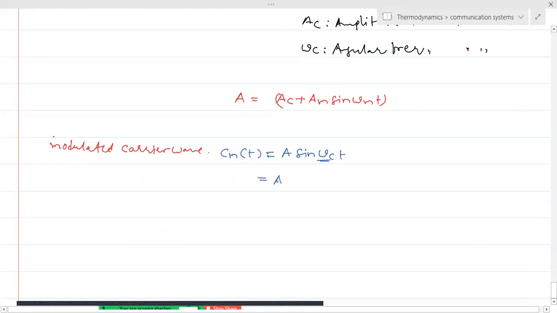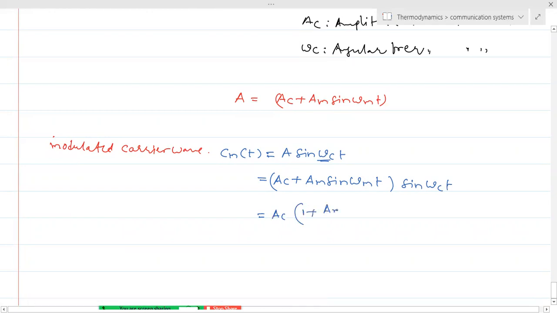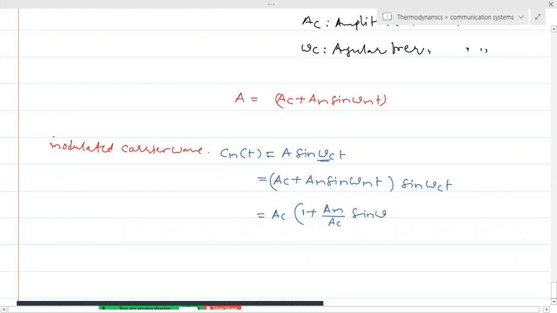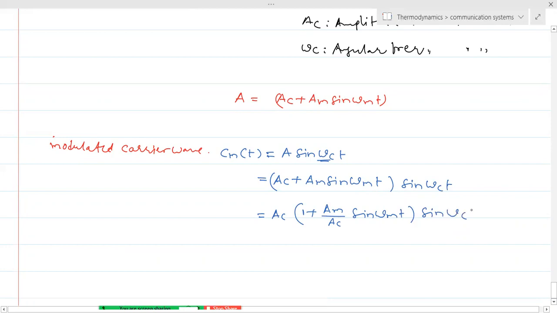So A means we will write, just now we studied, AC plus AM into sin omega m into t, into sin omega c into t. Or I'm taking AC as common, AC into 1 plus AM by AC into sin omega m into t, into sin omega c into t.